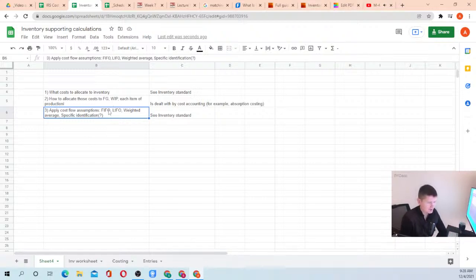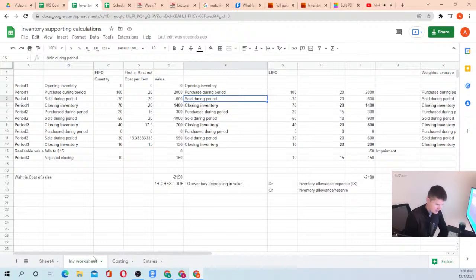Basically, first in, first out is when you sell inventory, you assume that you are selling the inventory which you bought first in line. I have some schedules here which show examples. For FIFO, we bought 100 items for $20 per item, sold some, and got some closing inventory.